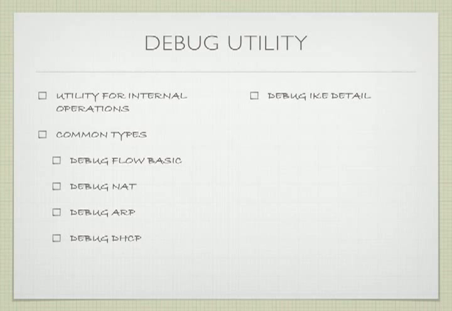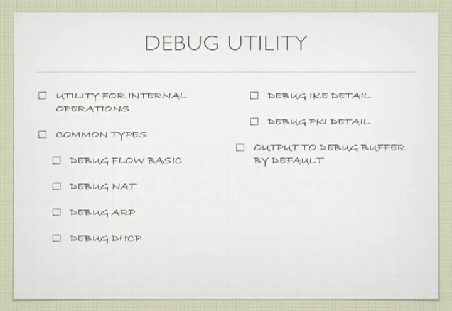We have Debug IKE Detail for Internet Key Exchange and VPN operations. And we have Debug PKI for certificate exchanges that are not working as you expected. So all of these debug facilities are available to take a look at the specific transactions that are occurring on the device to help debug what's going on.